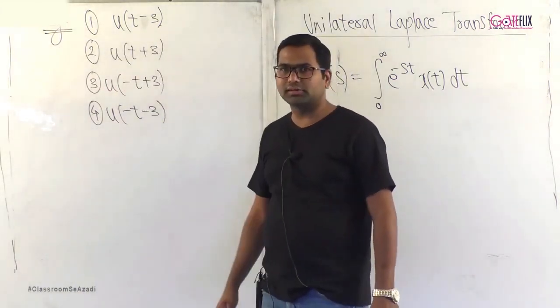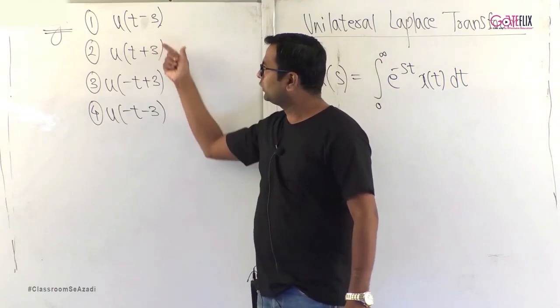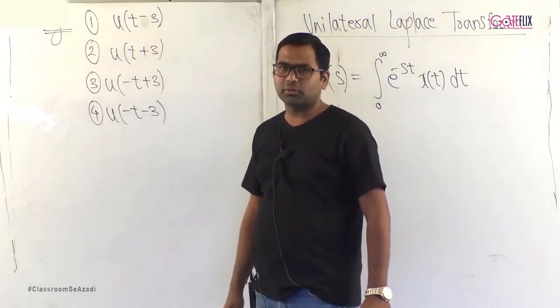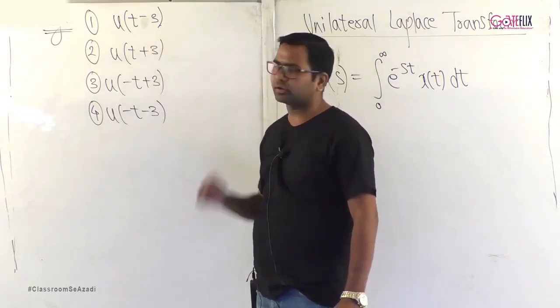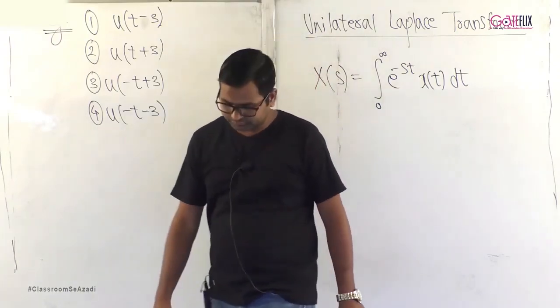We will take 4 examples, and for each example, we will calculate the unilateral Laplace transform. Let us start with the first, which is u of t minus 3.